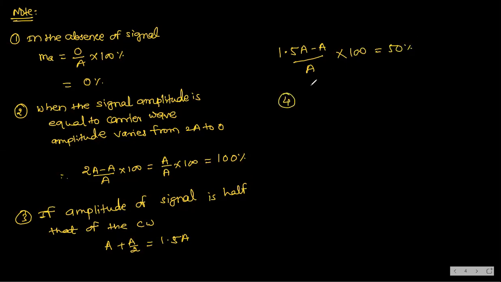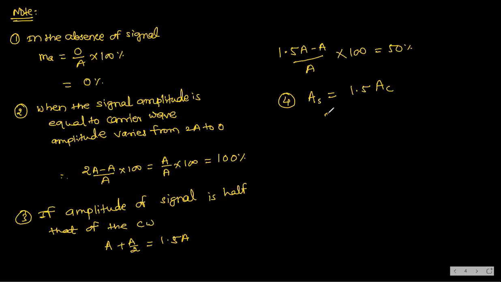Next, number 4, if the amplitude of the signal is equal to 1.5 times the amplitude of the carrier wave, then how much will you get? Amplitude changes from 2.5A to A. Yes, no? Right?